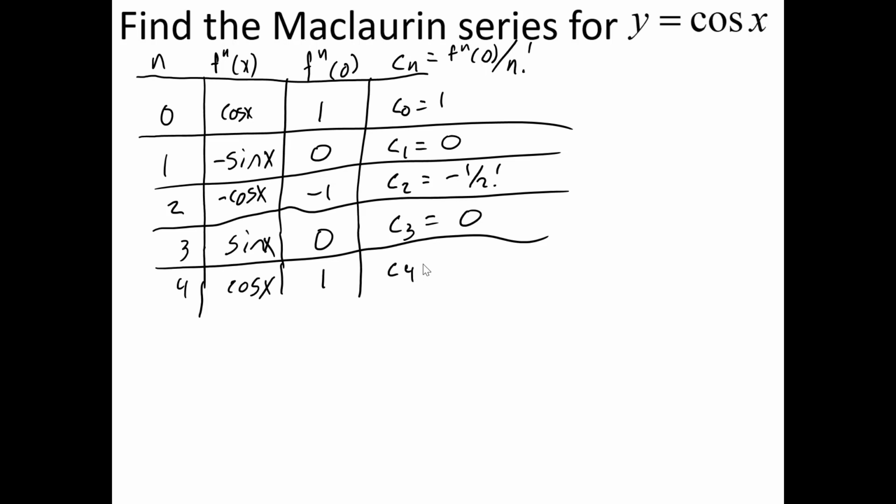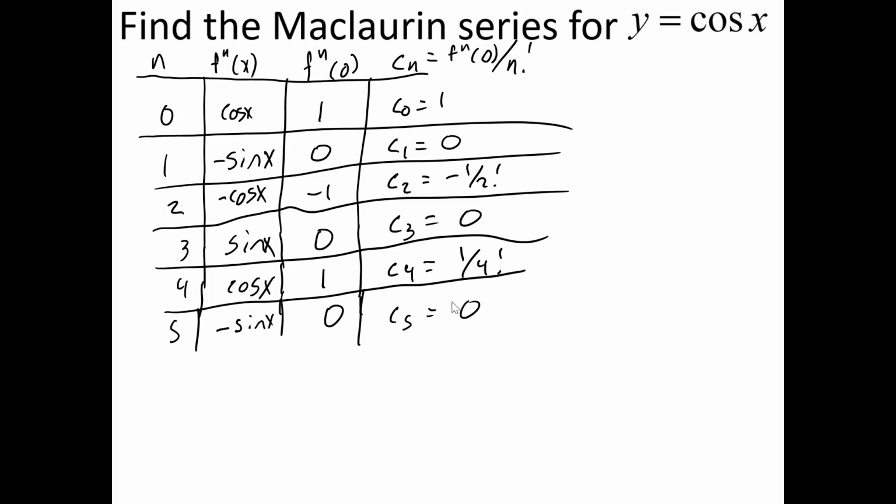And so then your C4 is positive 1 over 4 factorial. For 5, you get the negative sine of x, 0, and then C5 is 0. And you see this is just going to continue.